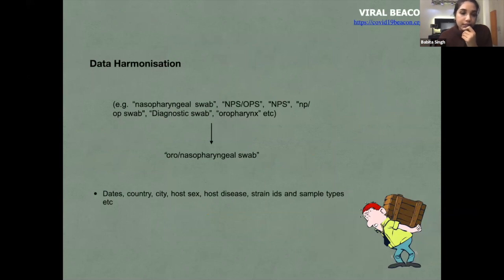Another thing was data harmonization. I put this slide because it took a lot of manual effort to normalize and harmonize metadata, because we were showing metadata. You can see one example: the same text could be written as oropharynx, or it could be nasopharyngeal. This had to be checked and done manually, and not just for this, but for countries and cities.